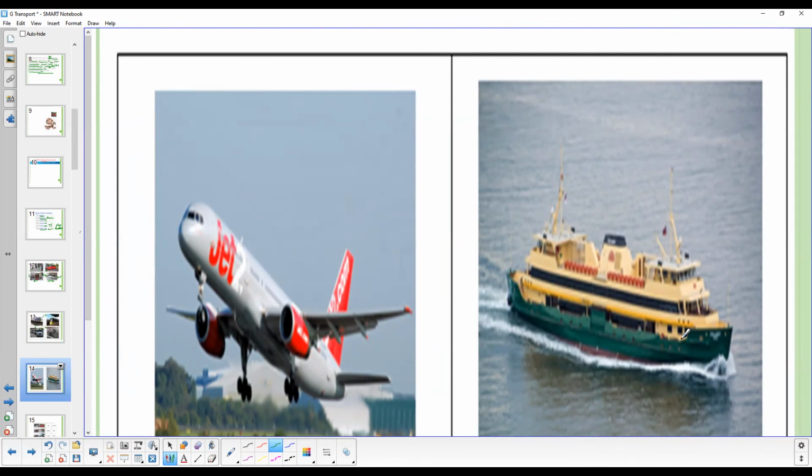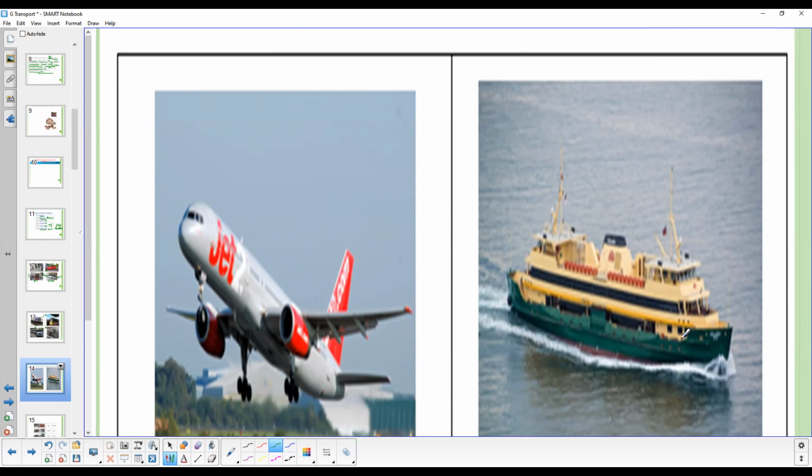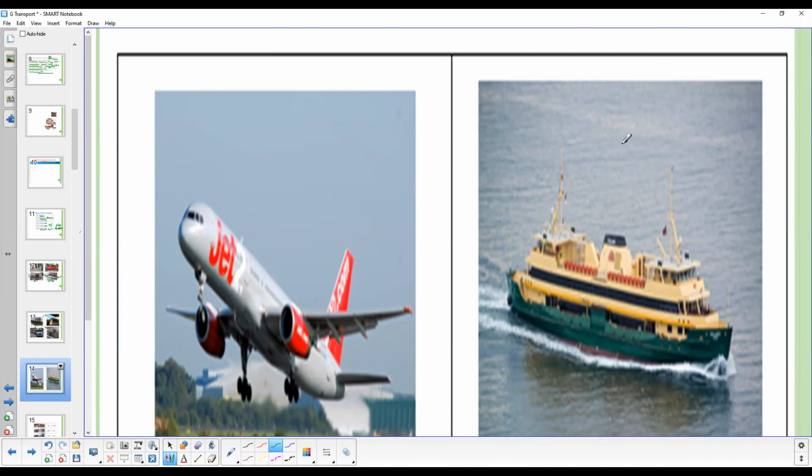Boat or ship? Have you heard that song, row, row, row your boat? This is not a boat, by the way. This is called a ferry because it is holding a lot of people. A boat just seats two or three people together, and that's it.